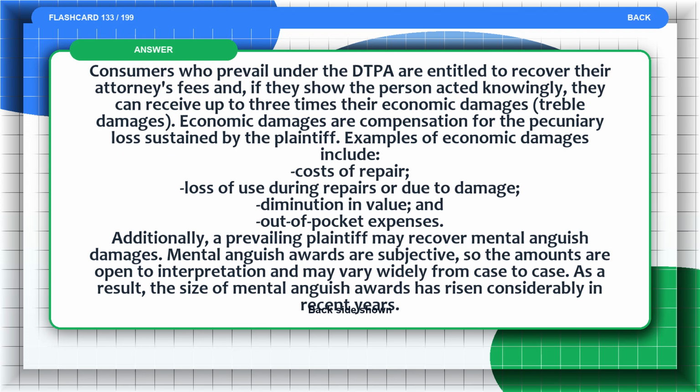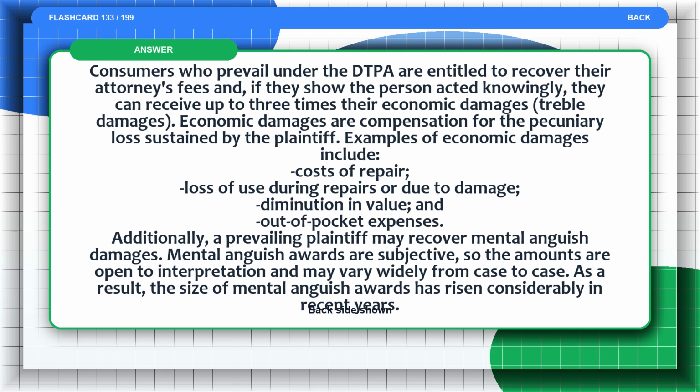The answer is, consumers who prevail under the DTPA are entitled to recover their attorney's fees, and, if they show the person acted knowingly, they can receive up to 3 times their economic damages. Treble damages. Economic damages are compensation for the pecuniary loss sustained by the plaintiff.